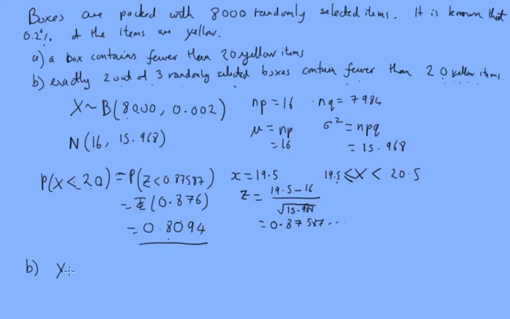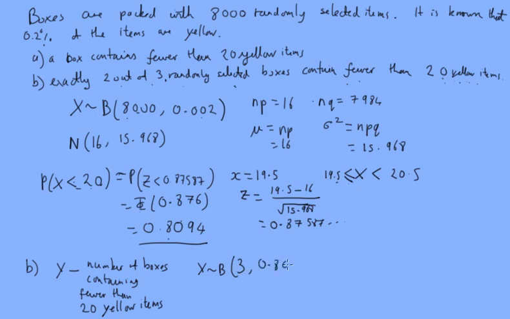So if we let y be the number of boxes containing fewer than 20 yellow items, then y is going to be a binomial distribution where n is 3, and we have a probability of a success of 0.8094.